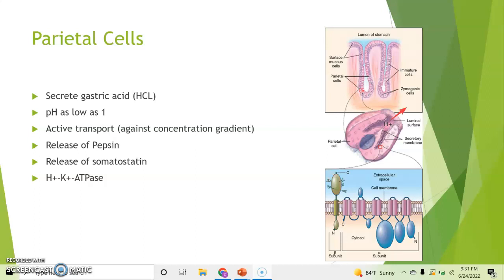And parietal cells have to use active transport, or they pump hydrogen ions into the stomach to create the acidic environment, and this requires energy in the form of ATP, and they use the hydrogen potassium ATPase pump.